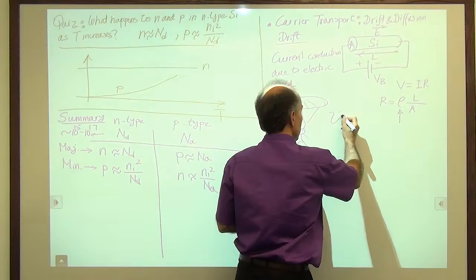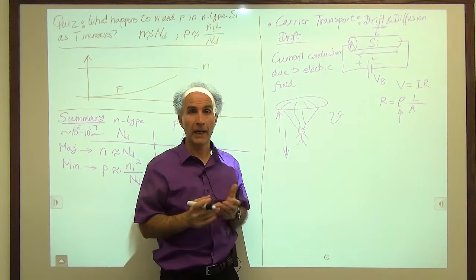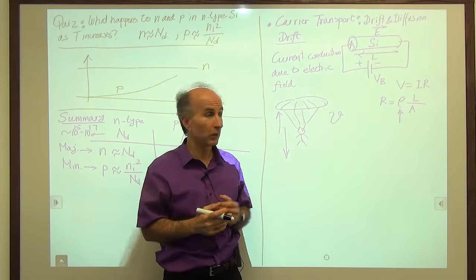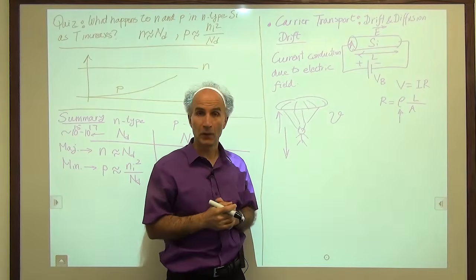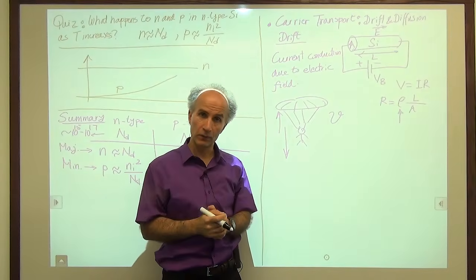So then what this tells us is that there is a velocity for the electrons as they propagate. And intuitively, we would expect that this velocity should be proportional to the electric field, right? The higher the field, the higher the voltage, the faster the electrons should move.